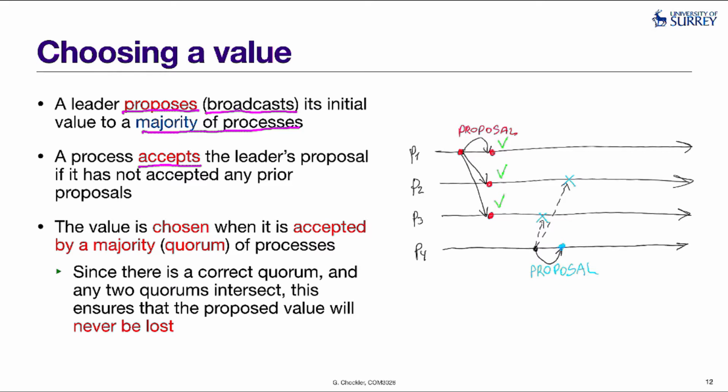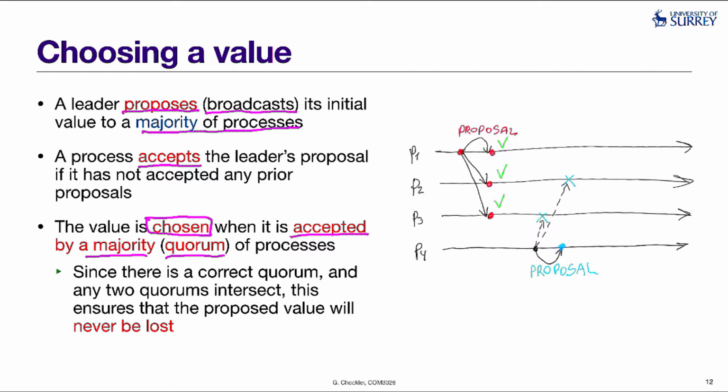So the chosen value would be required to be accepted by a majority of processes. So majority is also a quorum, according to our definitions. Okay. So this is what is required from a chosen value. So it must be accepted by a majority. And this is important because, as we said, we are guaranteed to have a correct majority in the system.